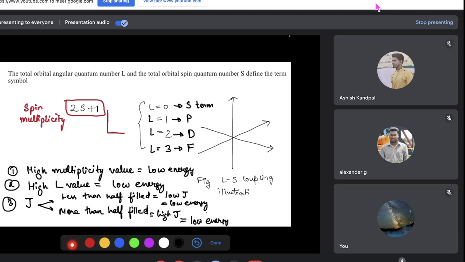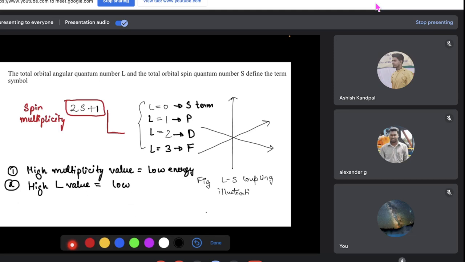Okay. Now coming to the figure that I want to describe a little, on your right hand side. Okay, so I will just draw it.